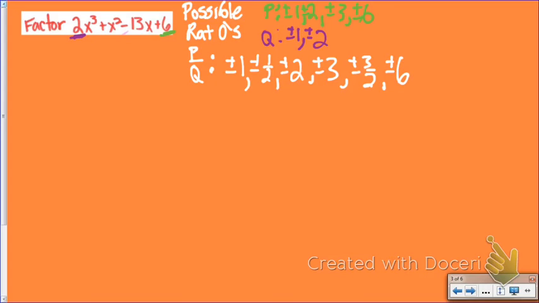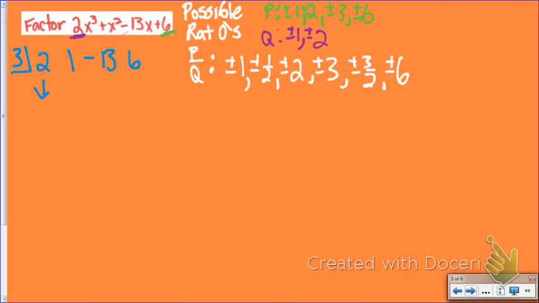So that means I'm going to pick one of these to start off with. Now it doesn't matter what number you pick, but I'm just going to pick some random number, let's do 3, and I'm going to do synthetic division with that number. So I'm going to set up synthetic division, I've got my number in the box, and I'm going to see if 3 works. If 3 works, x minus 3 is a factor. So I'm going to write my coefficients, and do synthetic division.